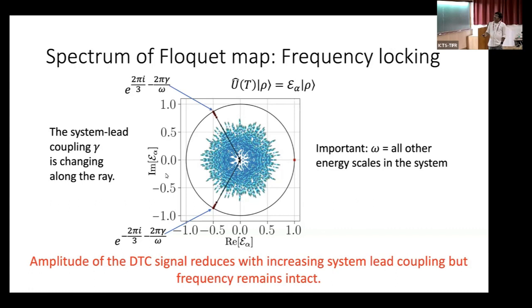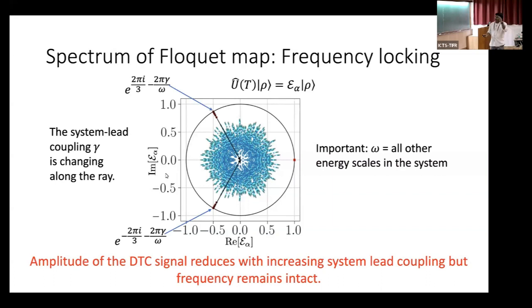If gamma equals 0, that means no transport, and I have this as my DTC eigenvalue. Now, if I start adding transport, I see that a real part comes in, and that real part only has the effect of shifting these time crystal eigenvalues along a ray.